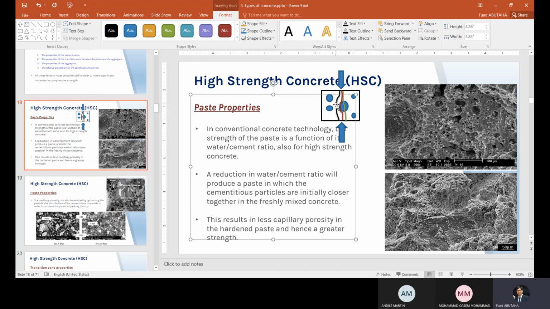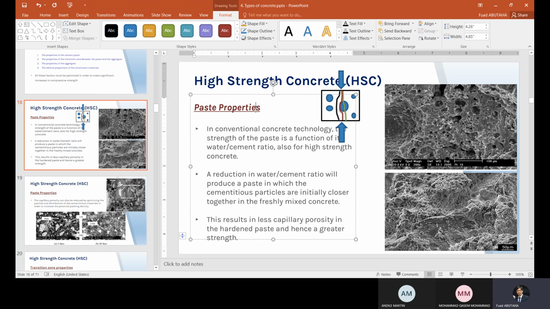You may have good cement properties and strong aggregate, but if the bond between the aggregate and the cement paste is weak, the crack will go to this weakness point. Or the cement paste is weak, so the crack goes through the cement paste. Or the aggregate itself is weak, so the crack goes through the aggregate, which is the weakness point.